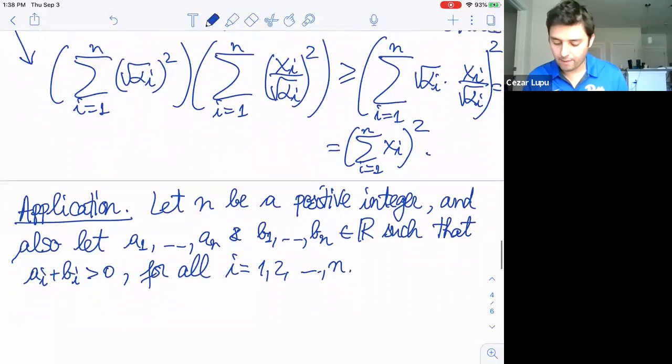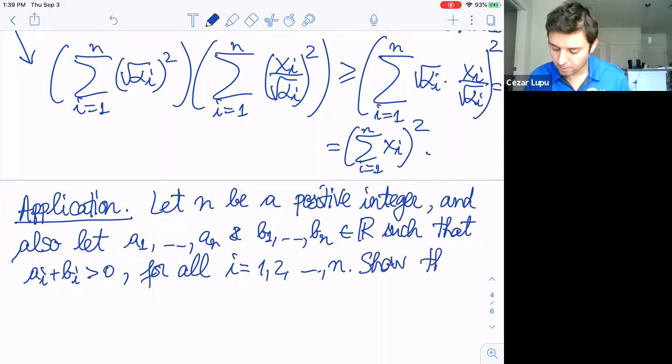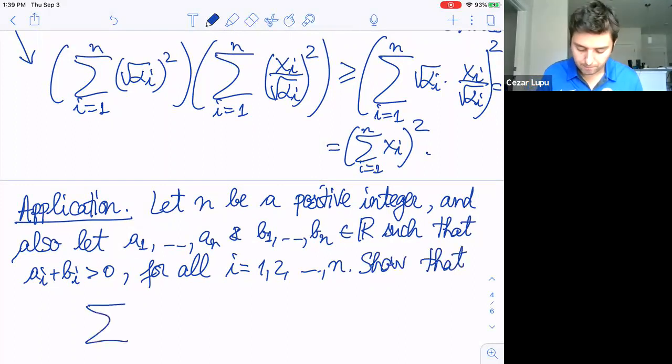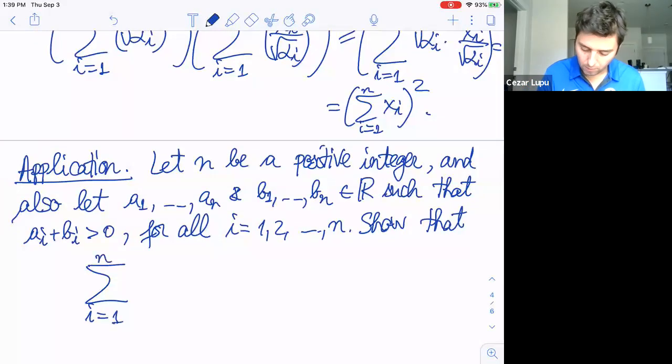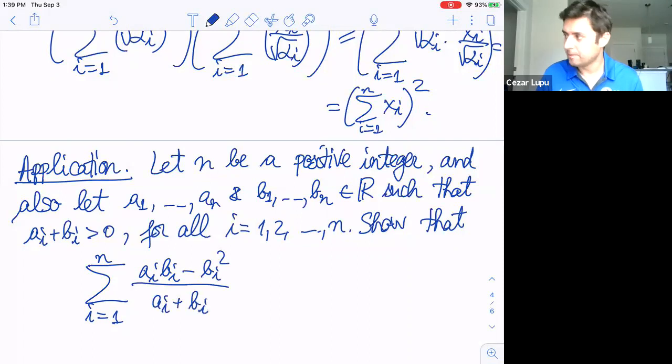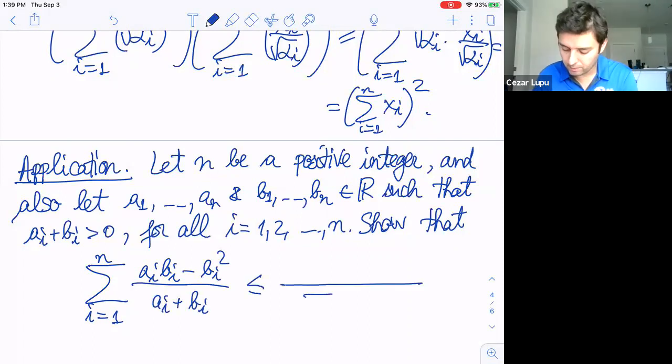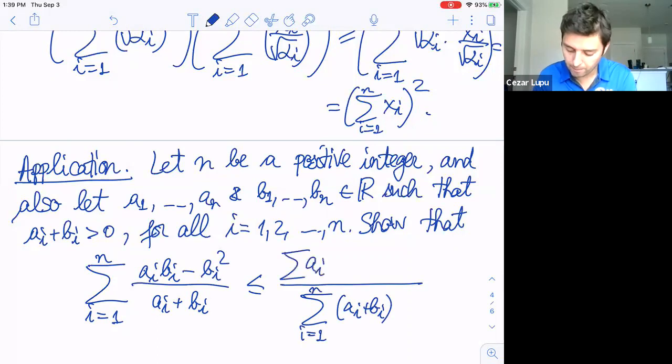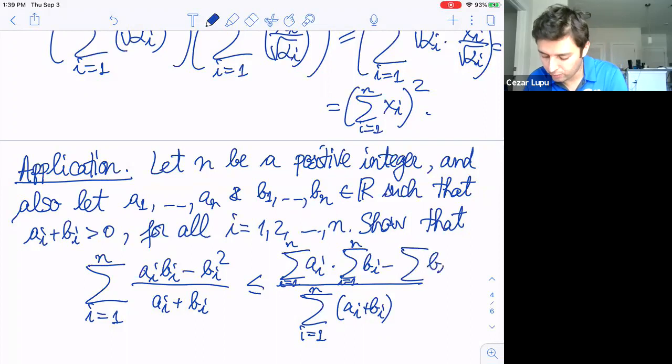We have to show that this sum of AI BI minus BI squared over AI plus BI is less or equal than this sum here, AI plus BI, and on the numerator we have this sum minus the sum of BI squared.